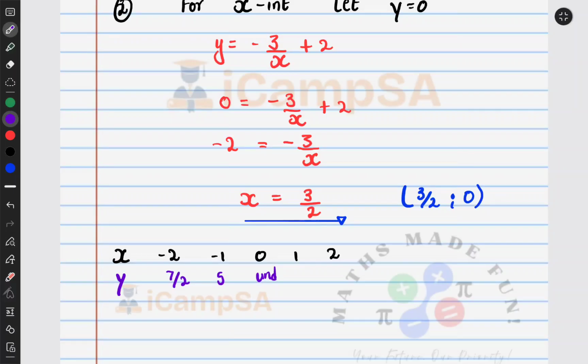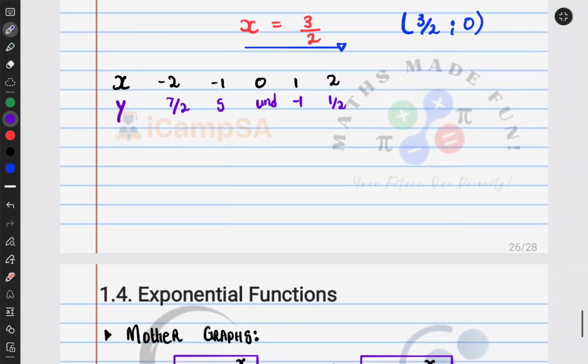For 1, negative 3 over 1, plus 2, is negative 3 plus 2, which is negative 1. And then for 2, we have negative 3 over 2, plus 2, which is negative half plus 2, gives us half. So those are the values.